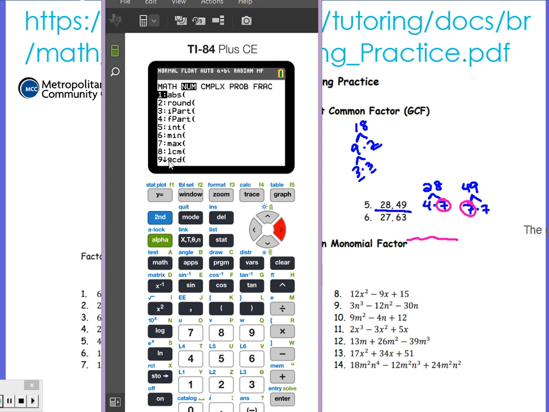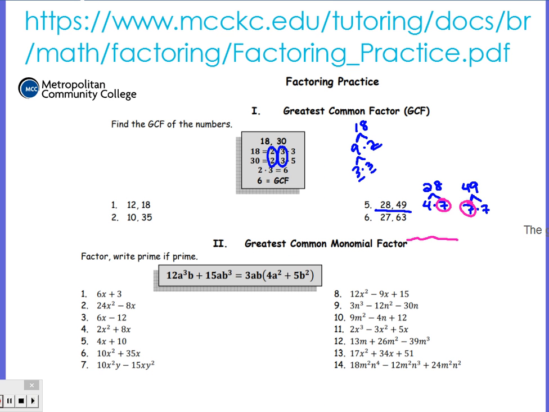Number 9 is GCD. The greatest common divisor of 28, comma, 49 is 7. It can help if you're dealing with really large numbers that you don't want to do the whole prime factorization of.